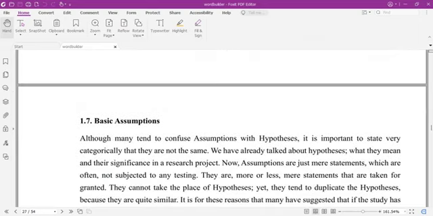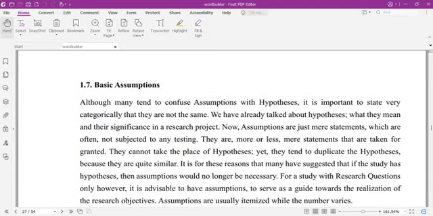So like we said, assumptions are mere statements. You don't even know much about it. They are different from hypotheses. Now, assumptions are just mere statements which are often not subjected to any testing.